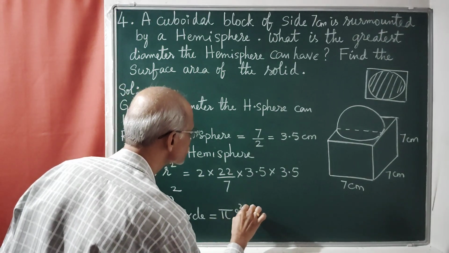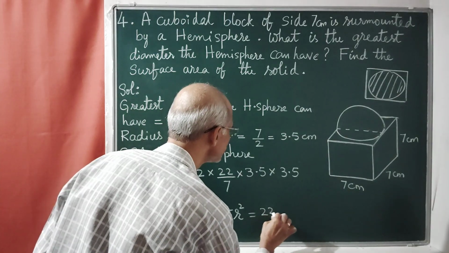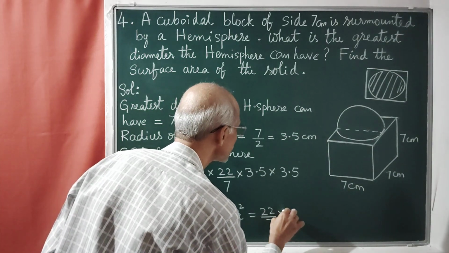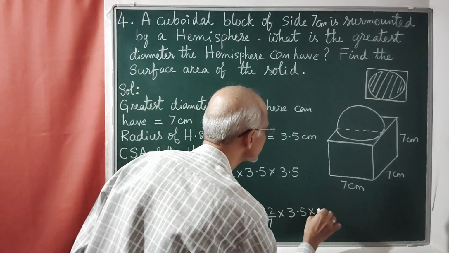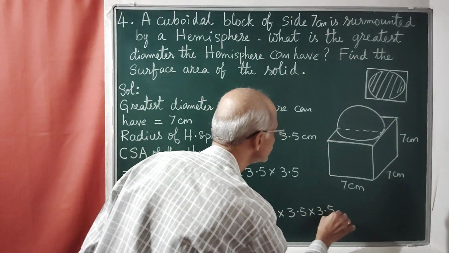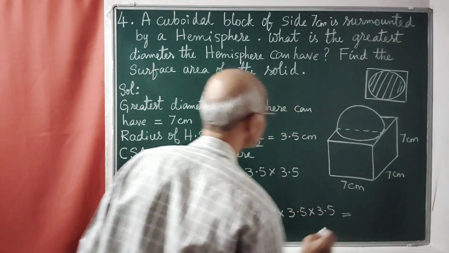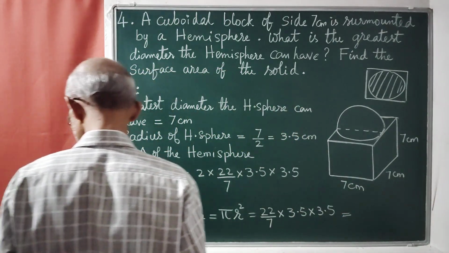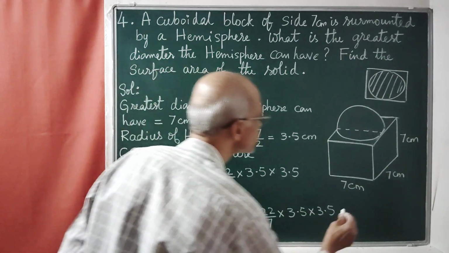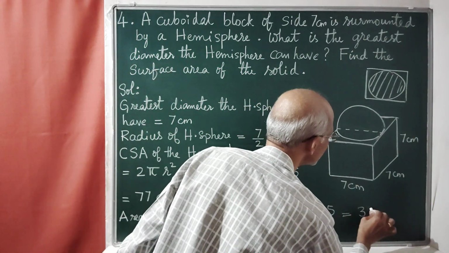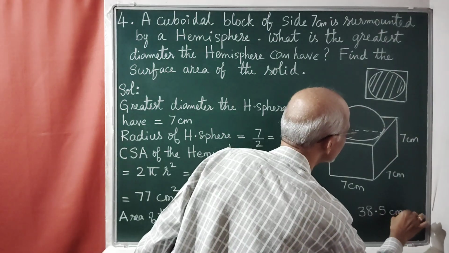Pi r square, that's equal to 22 by 7 into 3.5 into 3.5, that's equal to 38.5 centimeters square.